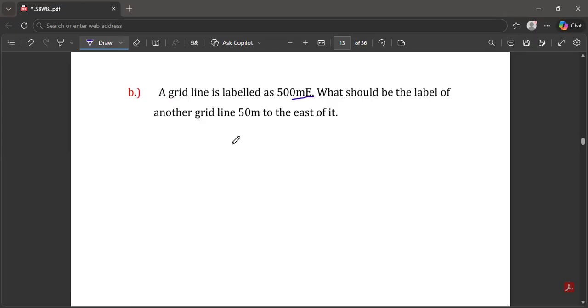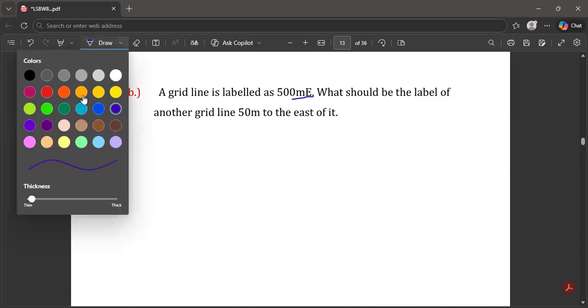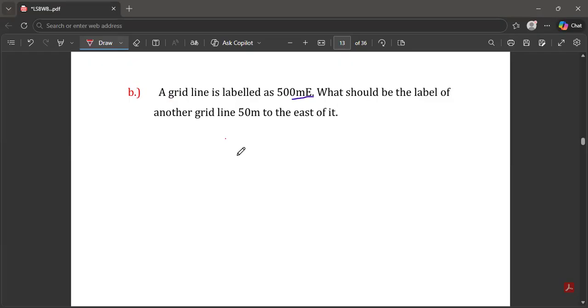Adding 500 plus 50 is going to give you 550. Then at the end of the day, we can say that the new grid line will be labeled 550 ME. So this is not anything too complex.